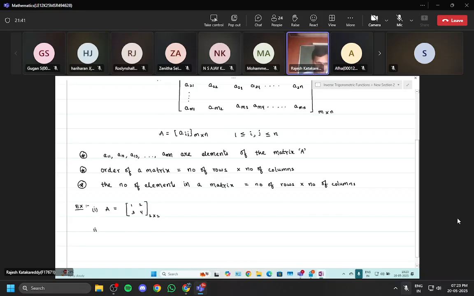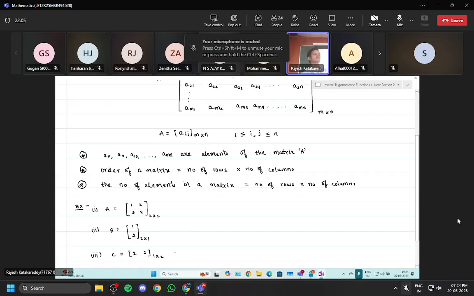Let's say B is equal to 1 and then 2. Here we have 2 rows and 1 column. If there is only 1 column, that is called a column matrix. And the third one, let's say C is equal to 2 and then 2. We have 1 row and 2 columns. If there is only 1 row, that is known as a row matrix.